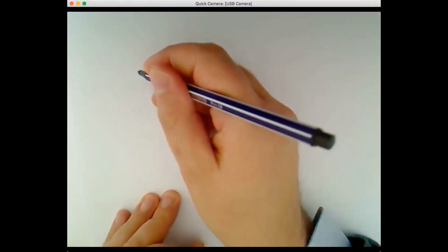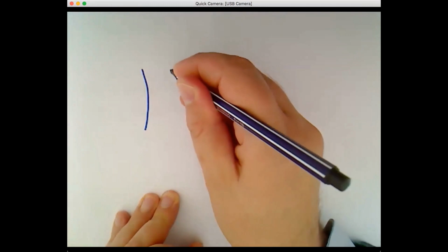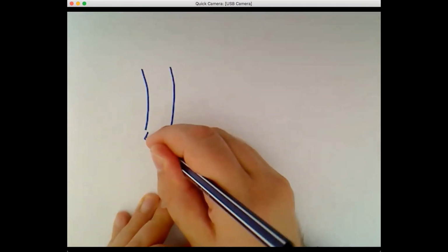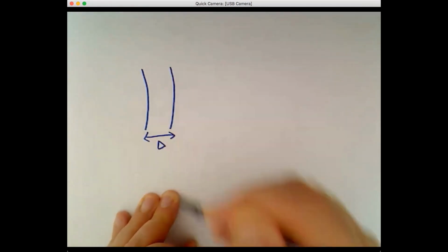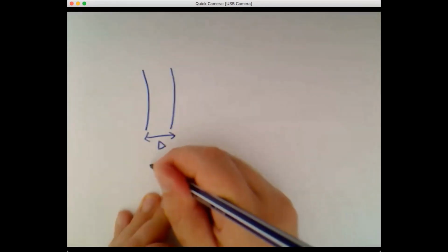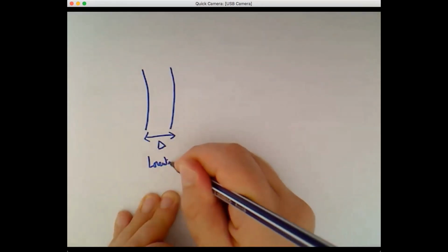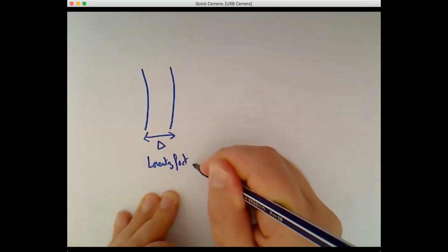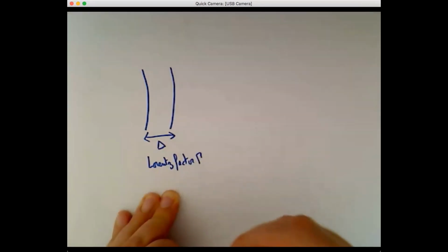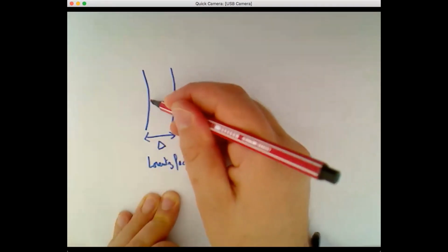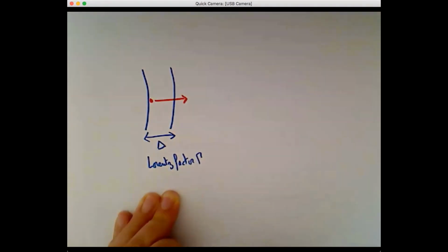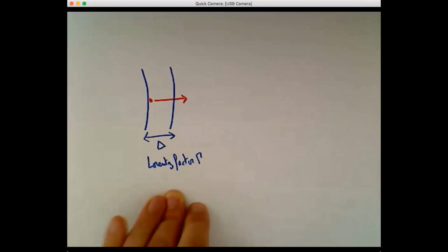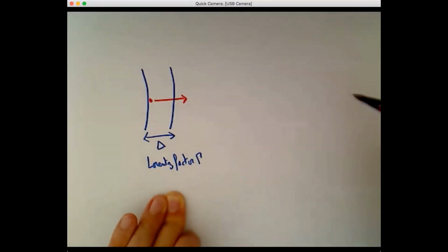Assume now that you have a relativistic layer with a certain width delta, and it's moving with the Lorentz factor gamma. And assume that you emit photons and you want them to escape the layer in the direction of the observer. The observer is somewhere here.